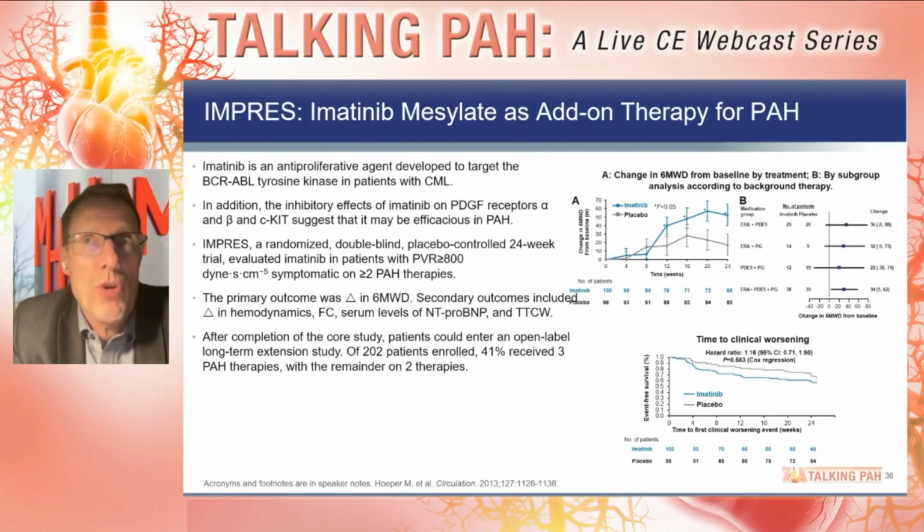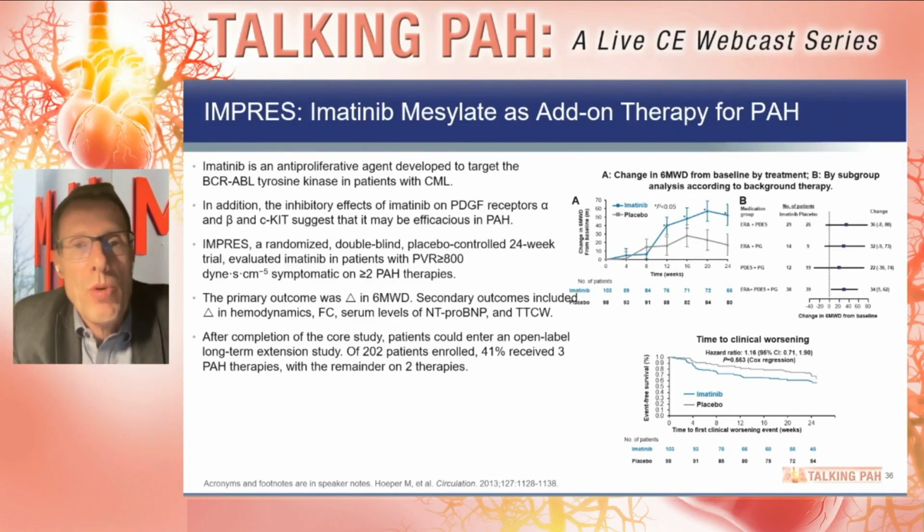I think it was the first designer drug in cancer targeting CML, a well-known mutation there. And basically, it's acting on these platelet-derived growth factor receptors and c-KIT, which makes it potentially efficacious also in pulmonary arterial hypertension, as these pathways are involved in the proliferation of vascular smooth muscle cells.